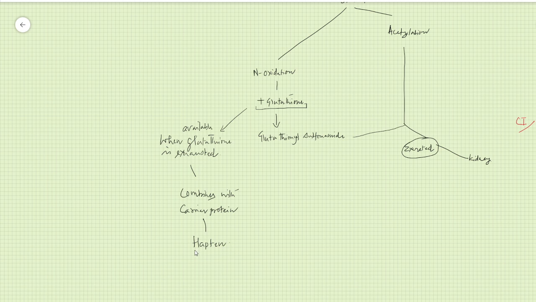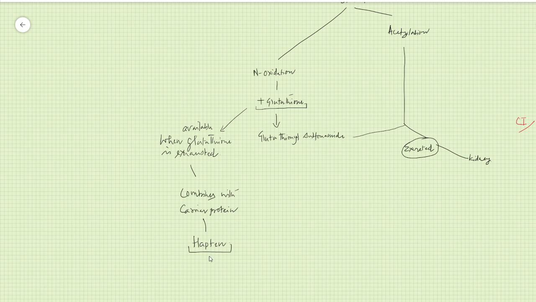What is a hapten? A hapten is something that can provoke an immune response. So once this hapten is produced, it becomes like an antigen. The body tries to produce antibody against the combination of the N-oxidated metabolite and the protein.